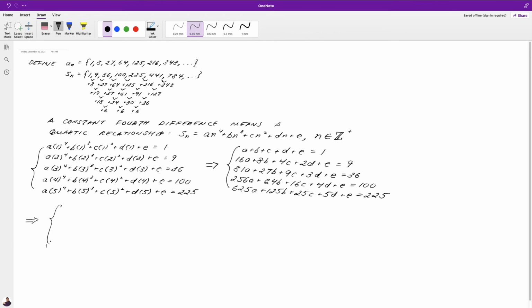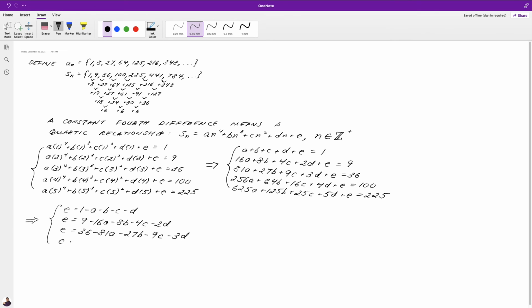So here we go. We have, for the top equation, e is equal to 1 minus a minus b minus c minus d. Second equation, we've got e equals 9 minus 16a minus 8b minus 4c minus 2d. Third equation, e equals 36 minus 81a minus 27b minus 9c minus 3d.